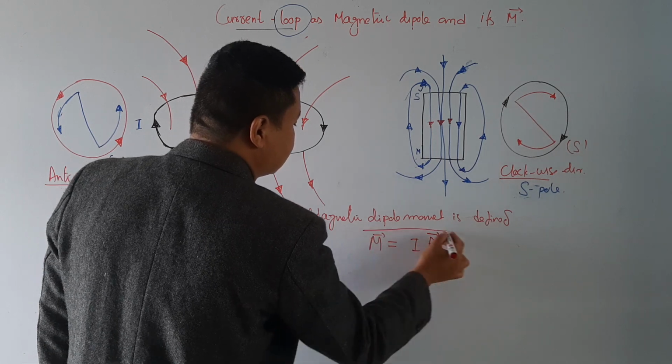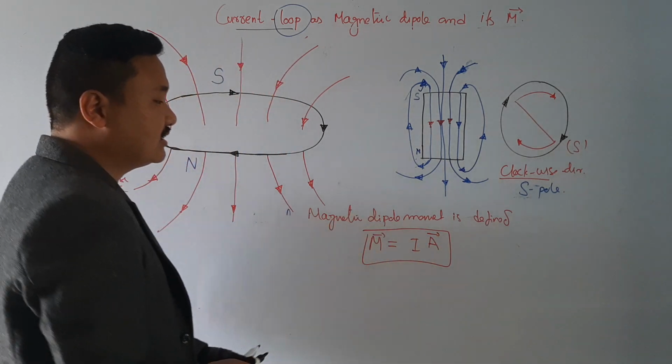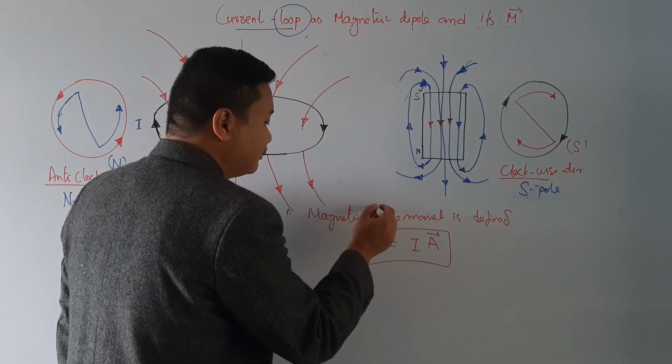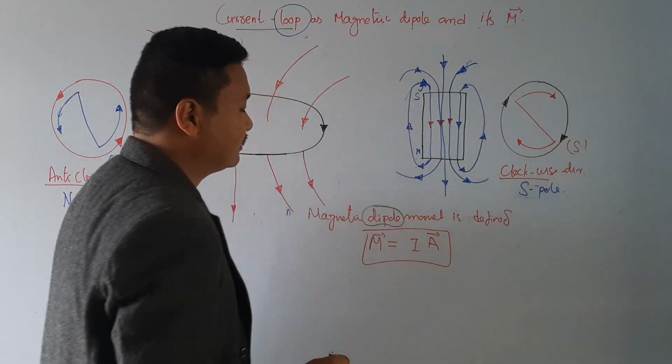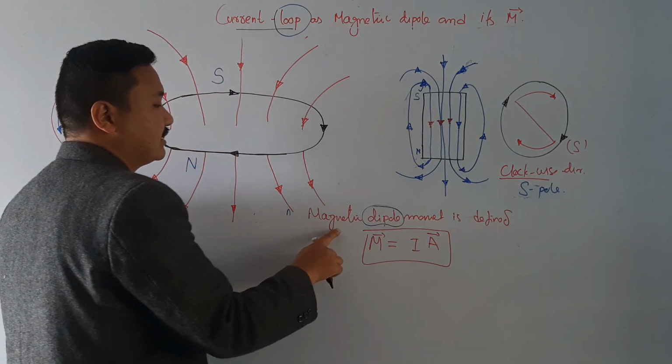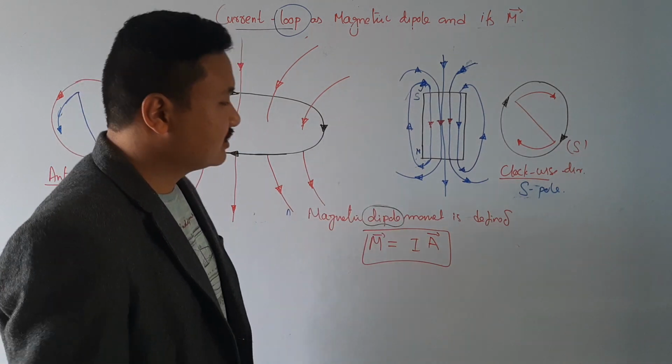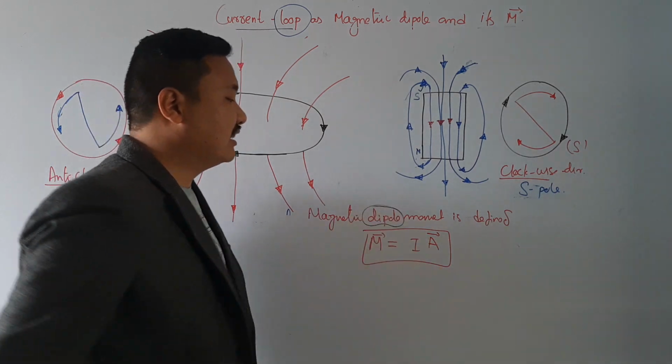So this is the definition, and I already said in the last lecture, this dipole you can make it silent. If you make it silent, then it will become magnetic moment, or you can also say magnetic dipole moment.